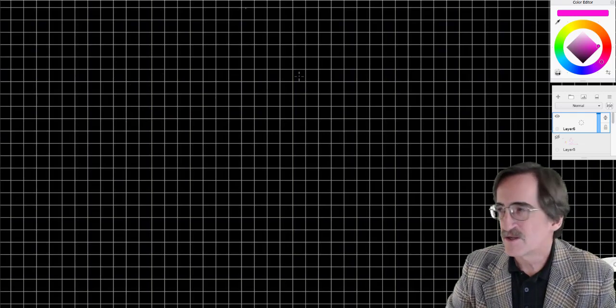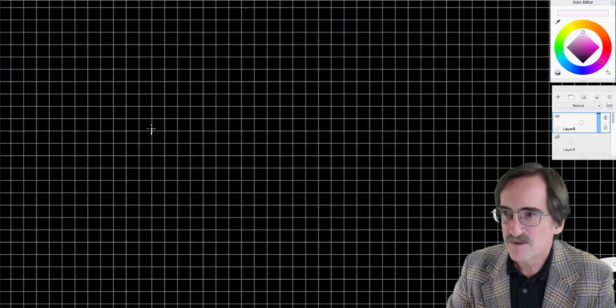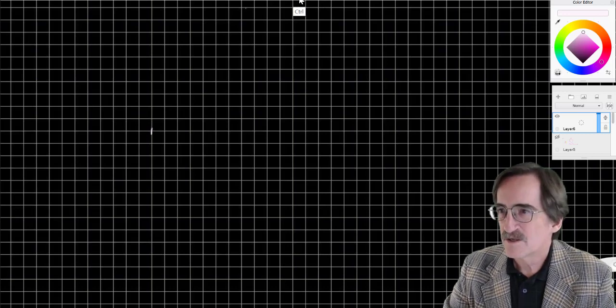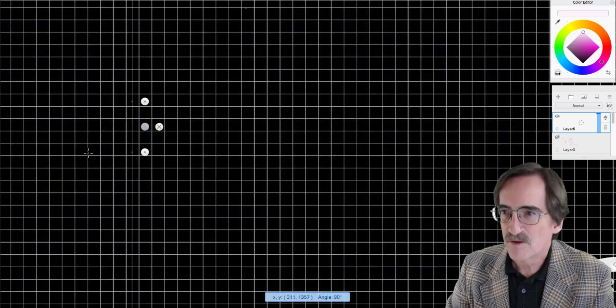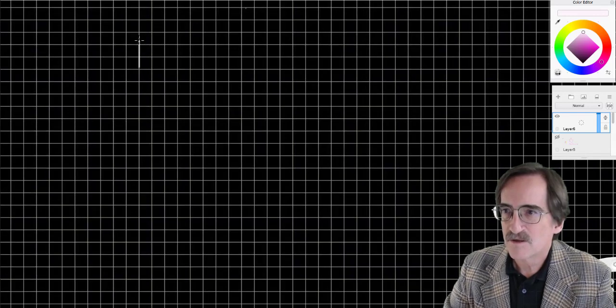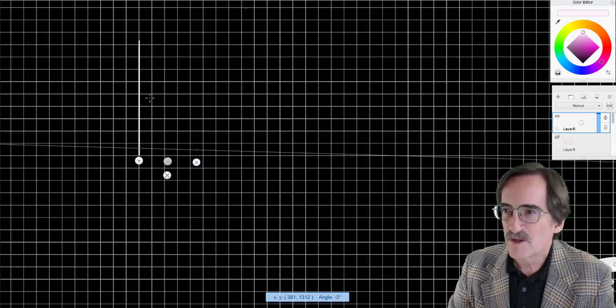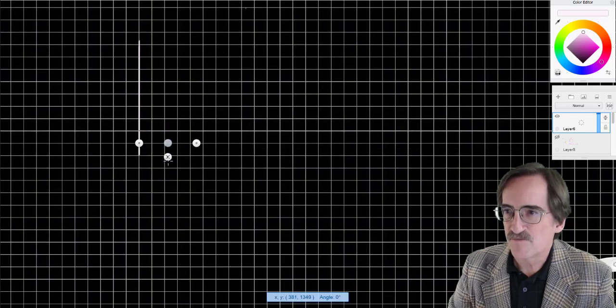I've got a graph, a shape bounded by the line y equals x and the line y equals x squared, just like we've been working with.